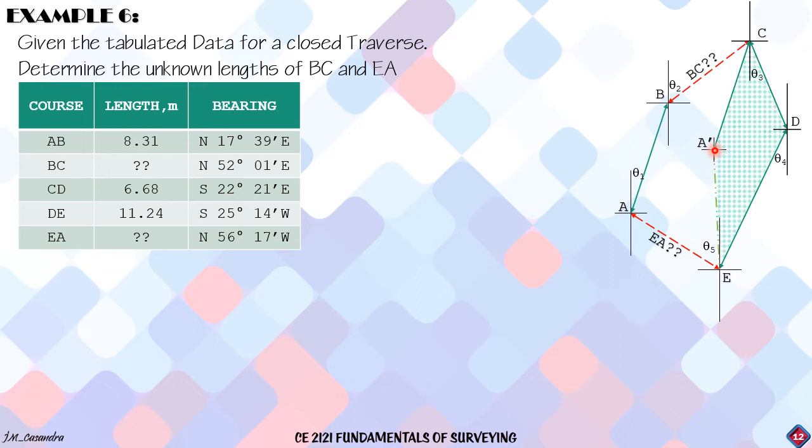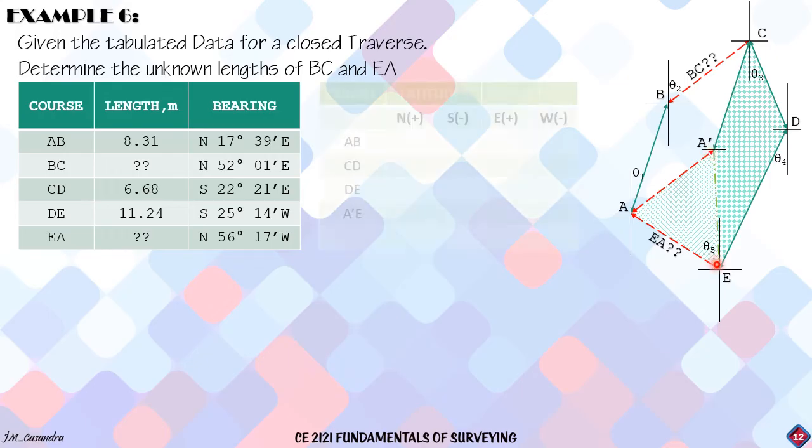So I'll be forming now the traverse A prime, C, D, E, A prime. This one is already moved. So the triangle formed is EA, EA prime, and line BC. So this will be the triangle formed by the two missing sides and your closing line.